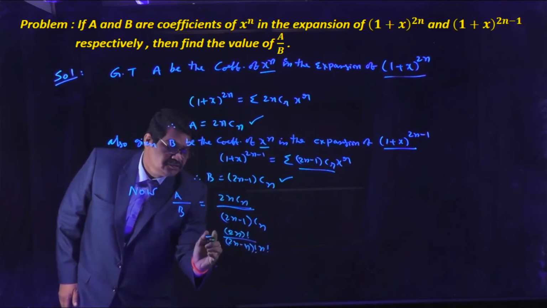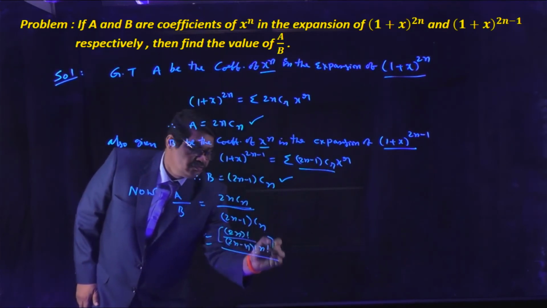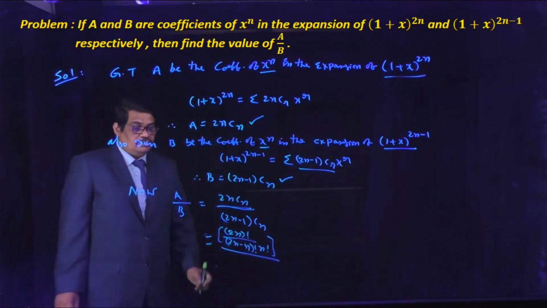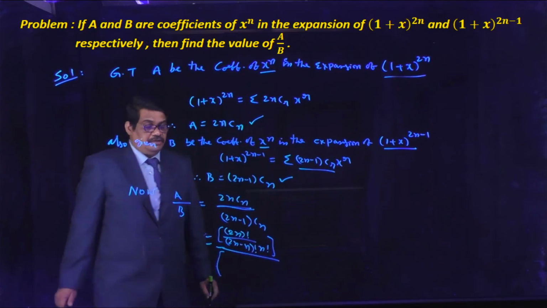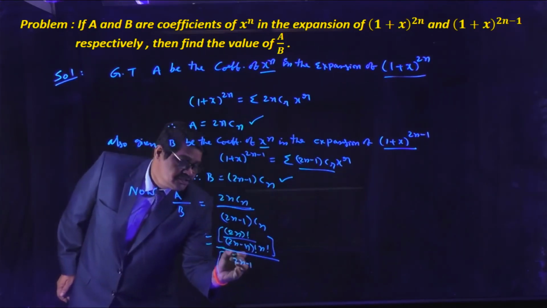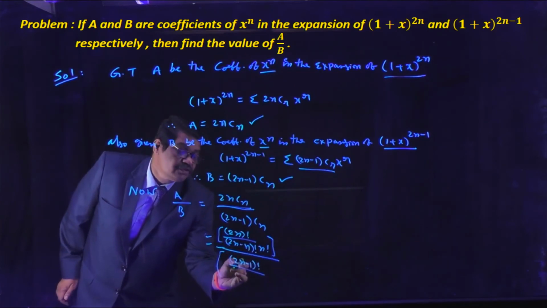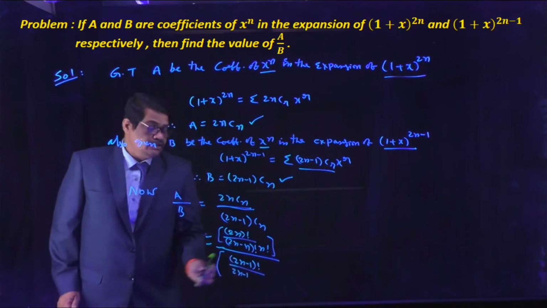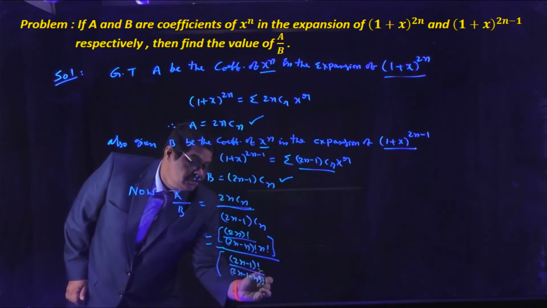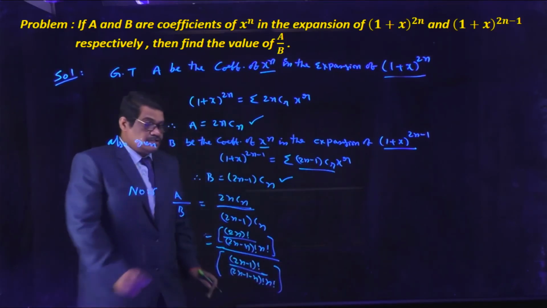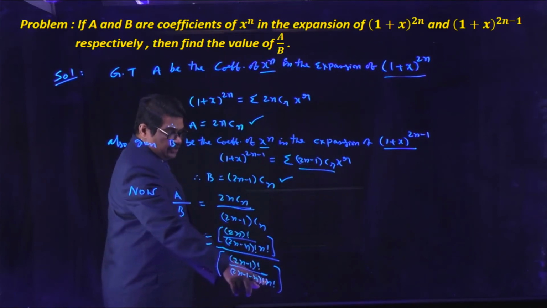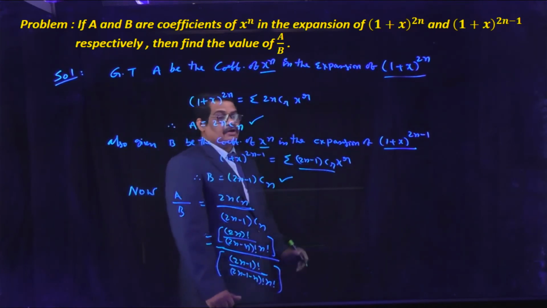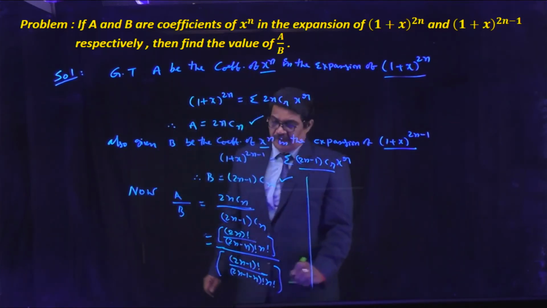Next, the denominator value 2n minus 1 C n can be written as (2n minus 1) factorial by (2n minus 1 minus n) factorial into n factorial. Now we are simplifying this.